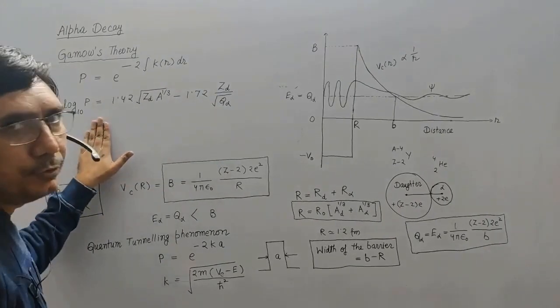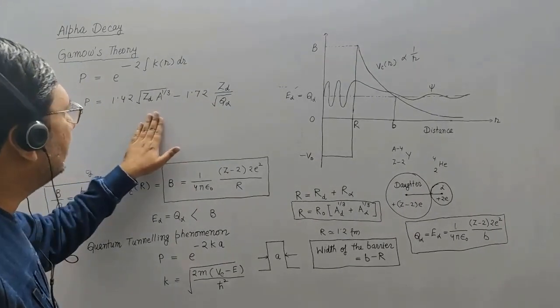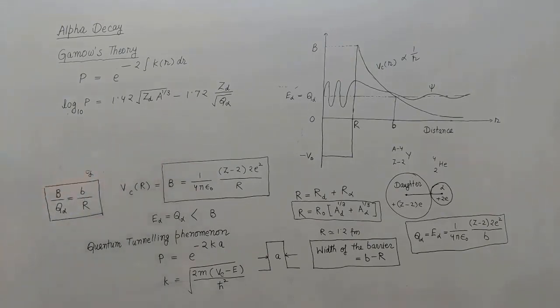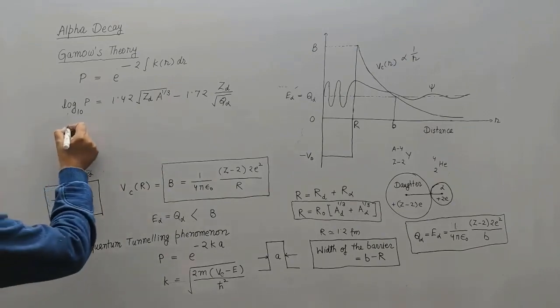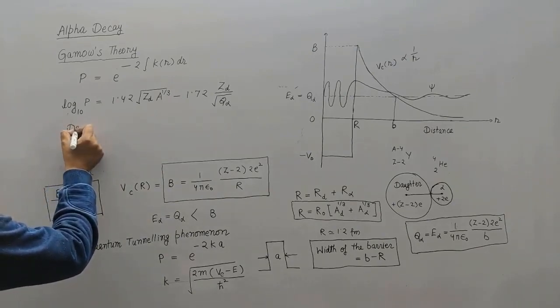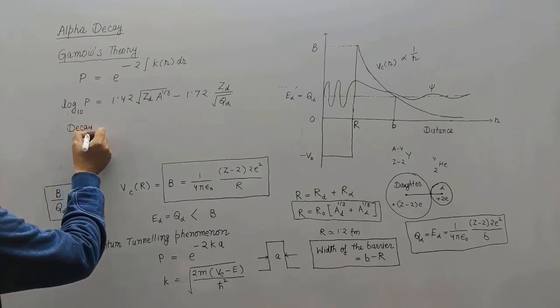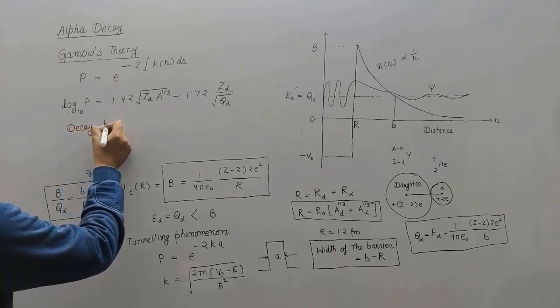By this equation, we are somewhere close to the Geiger-Nuttall law. But what is our objective? Our objective is to find out decay probability.